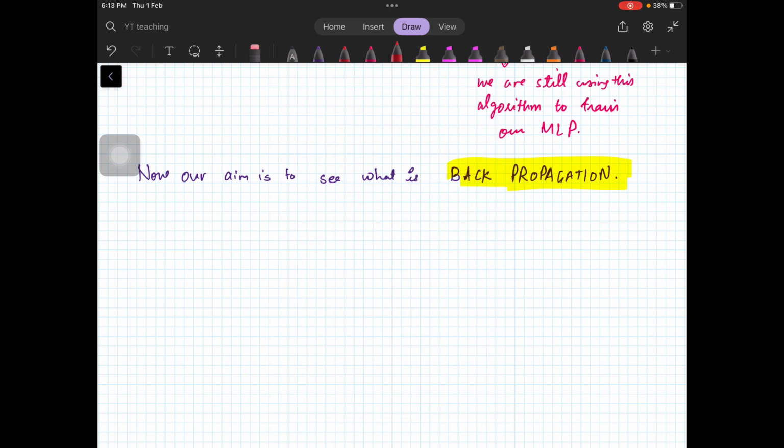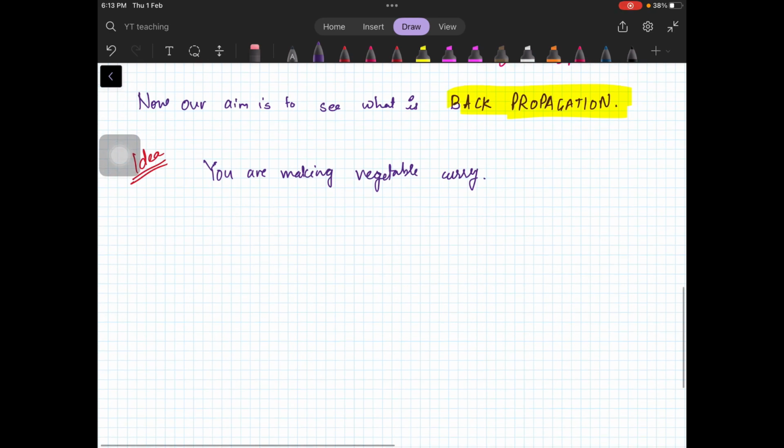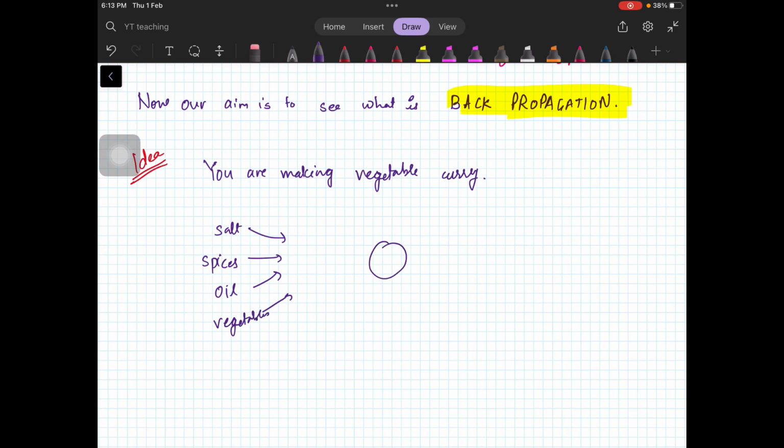Suppose you are making some vegetable curry. You are putting some amount of salt, some spices, some oil, and your vegetables, and then you have your final bowl of curry, hot and yummy.